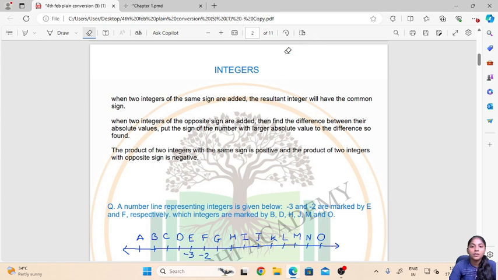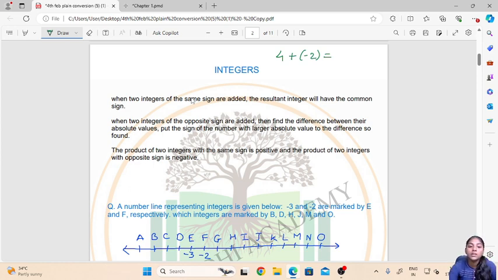The second rule is, when two integers of opposite sign are added, find the difference between their absolute values and put the sign of the number with larger absolute value to the difference so found. What it means is, here I have 4 plus -2. So what will be the answer here?